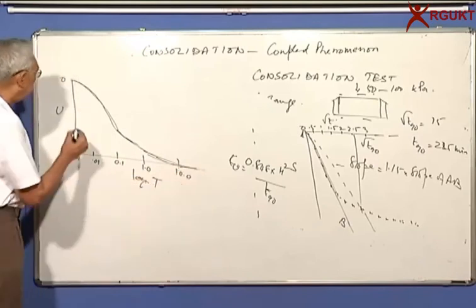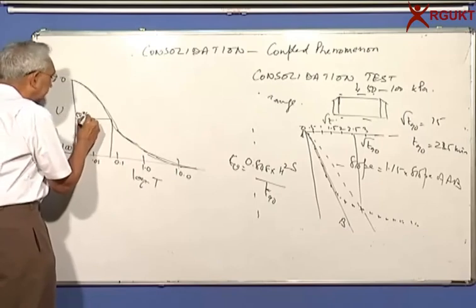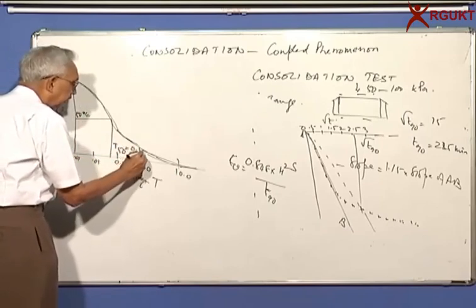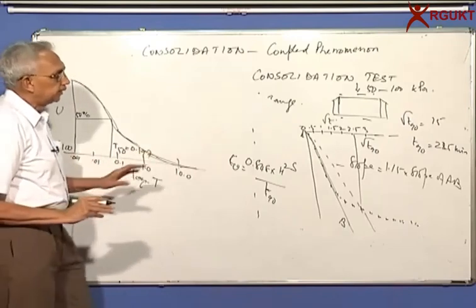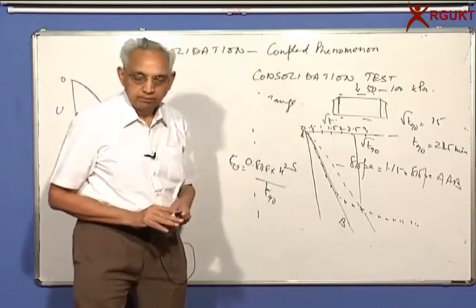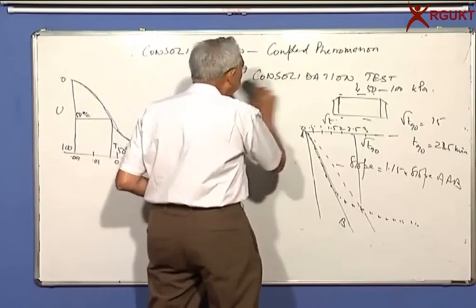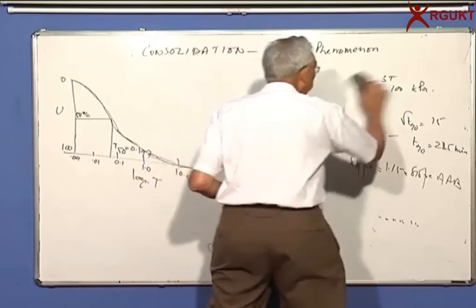And what he found was this is 50%, so T50 is equal to 0.197. So he looked at this characteristic. Instead of plotting settlement with respect to square root of time, we'll plot settlement or dial gauge readings as a function of log time, real time.